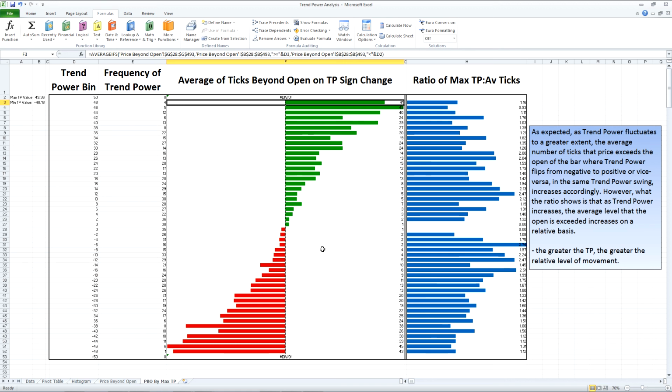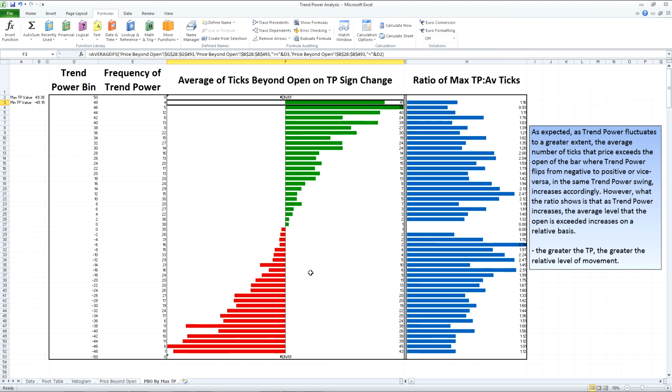But what's not quite so obvious is the fact that as the maximum of the trend power increases, the average number of ticks increases more. So the trend, if you like, becomes more active as trend power increases, and you can see this by this ratio being greater, so the number of average ticks being smaller relative to the maximum of the trend power, as you get a smaller extreme in trend power.